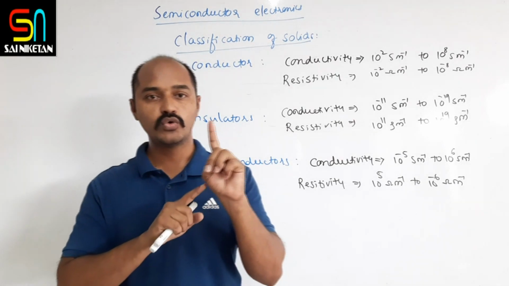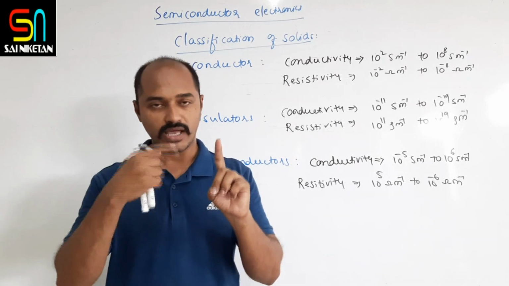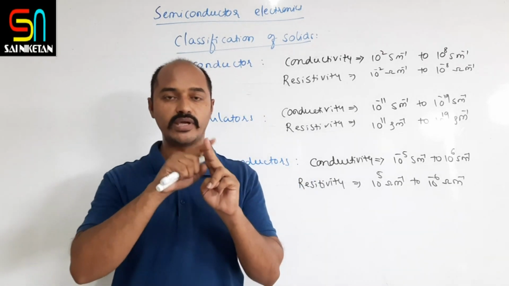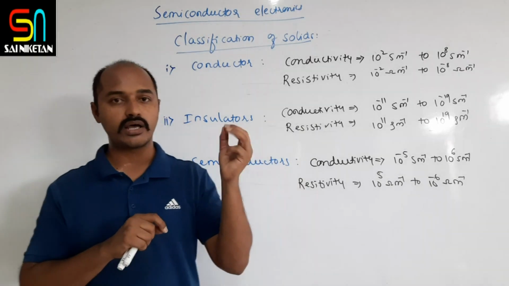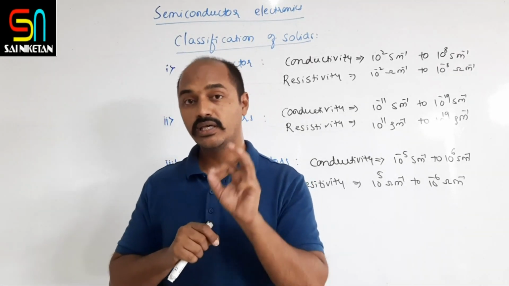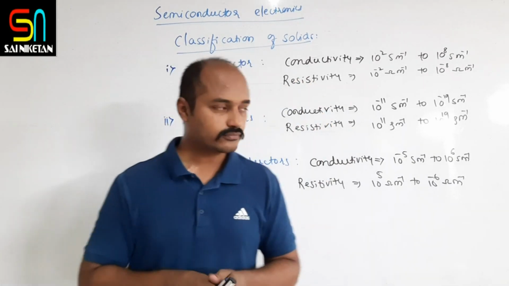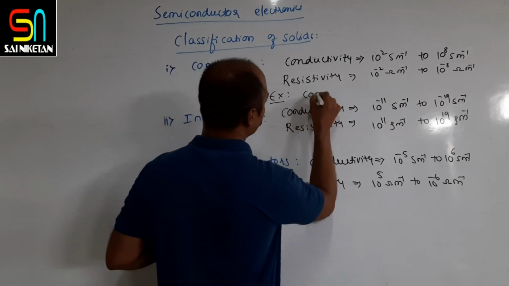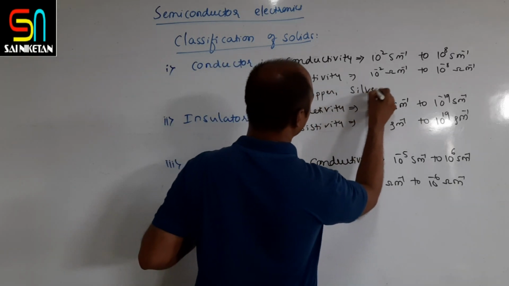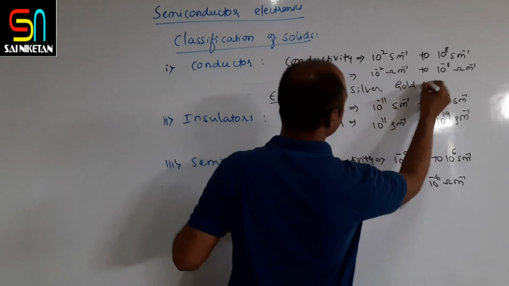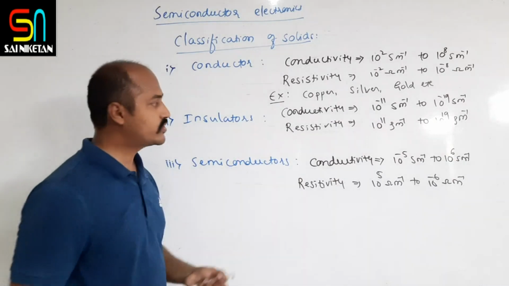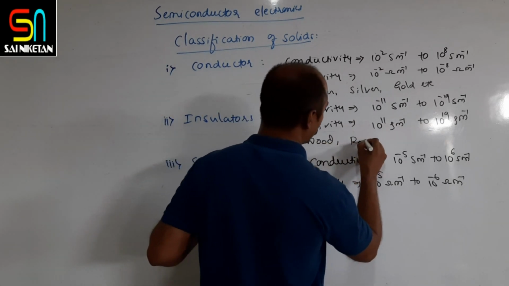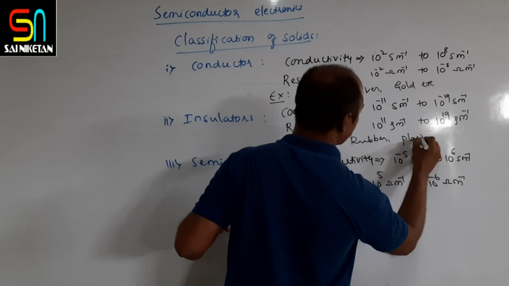Conductors are the solids whose conductivity is very high, insulators are the solids whose conductivity is very low, and semiconductors are the solids whose conductivity lies between insulators and conductors. Examples for conductors are copper, silver, gold, etc. Examples for insulators are wood, rubber, and plastic materials.